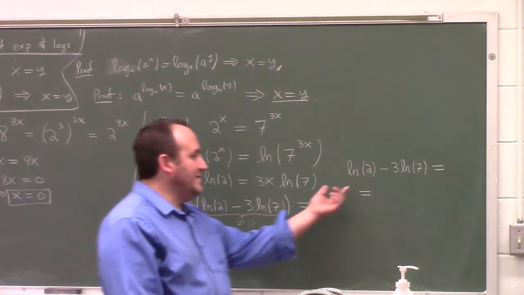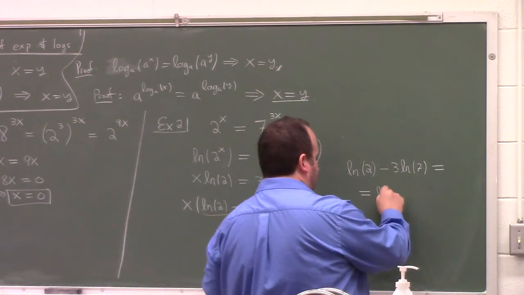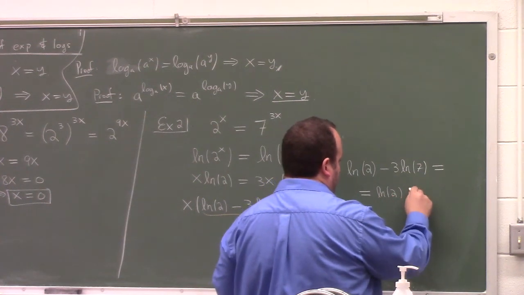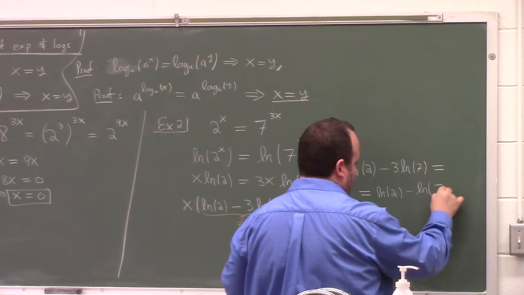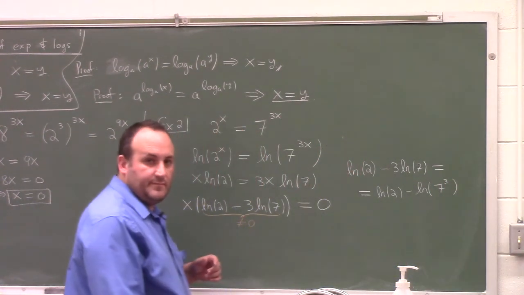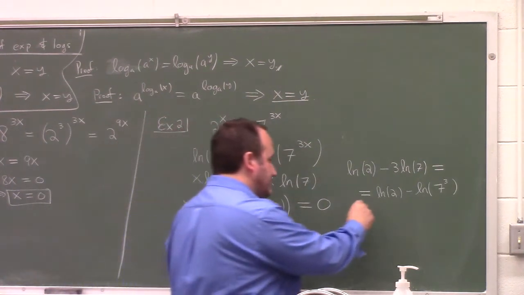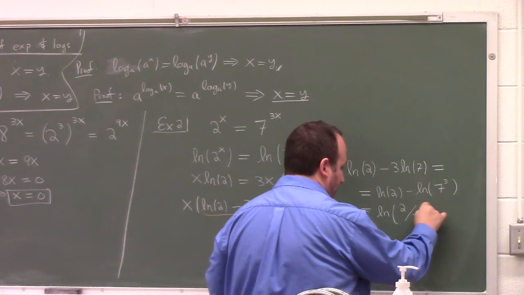Like, how can you combine these two into a single log? I'll get us started. This is the natural log of 2 minus the natural log of 7 to the power 3. And then I can write that as the natural log of the quotient of 2 by 7 to the 3rd power.